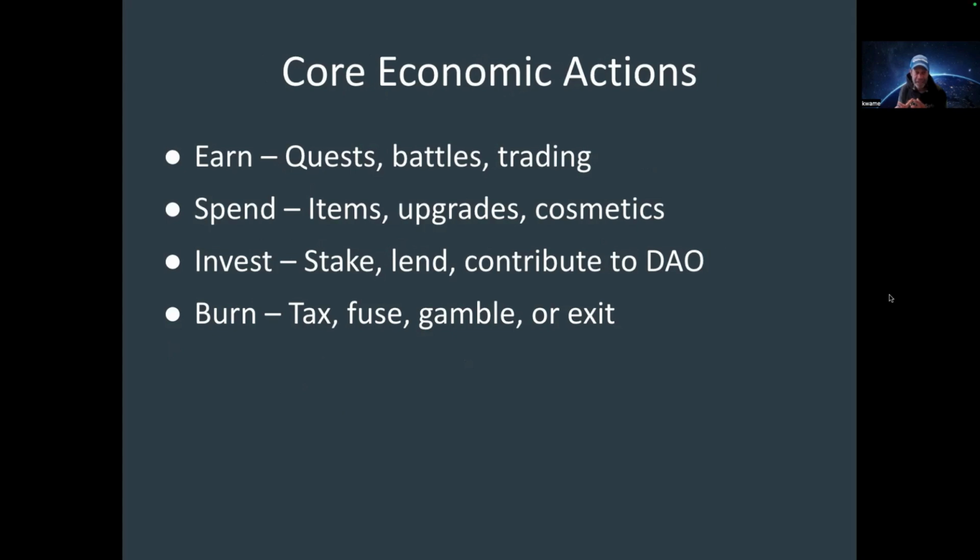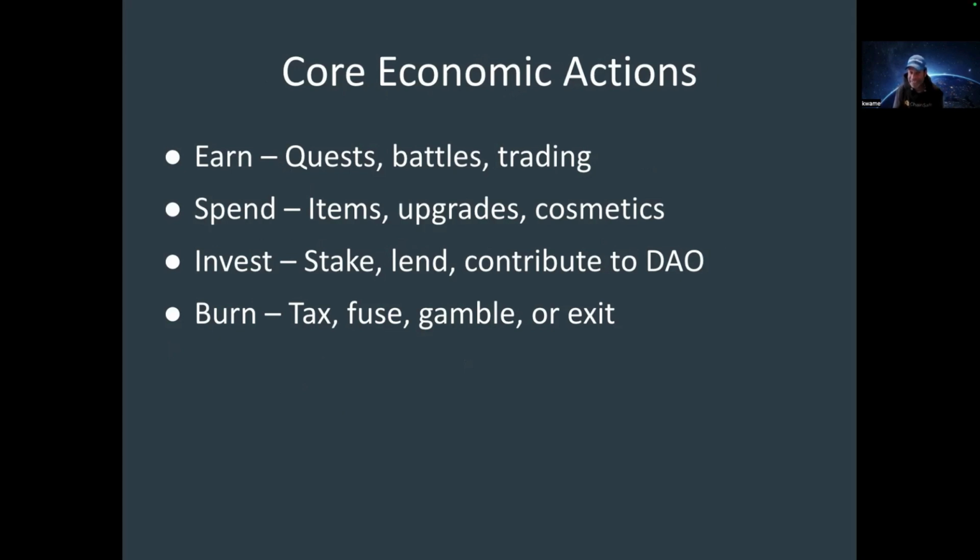So, core economic actions is the earn. We have quests, battles, and trading. We have the spend, where we have our items, upgrade different cosmetics, upgrading things to our NFTs, shoes, armor, things like that. We have the investors, people who are going to gain the in-game token. They're going to stake it.